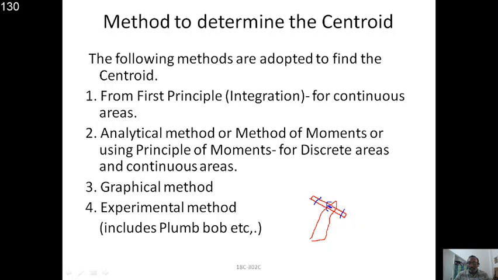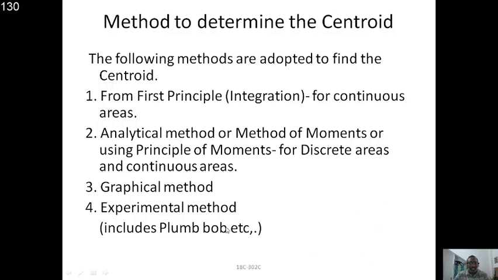So where the object balances is known as the centroid point of that. This can be obtained by experiment like this, by putting your finger at the edge. If I put the chalk piece like this, it will fall down. If I put it like this, it will fall down. But if I keep it like this, it will be stable. So this is the stable condition, and this is the false condition where the chalk piece will fall down, right? If I put it at the edge of the finger, right?